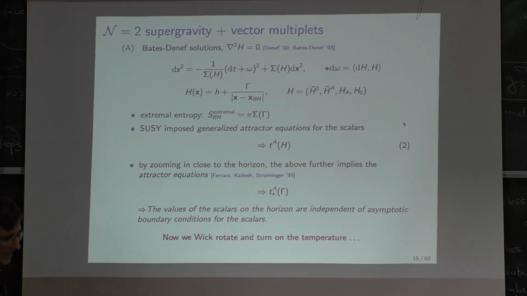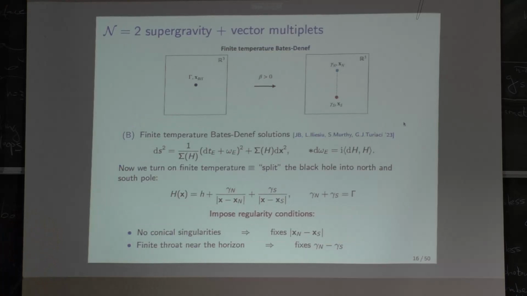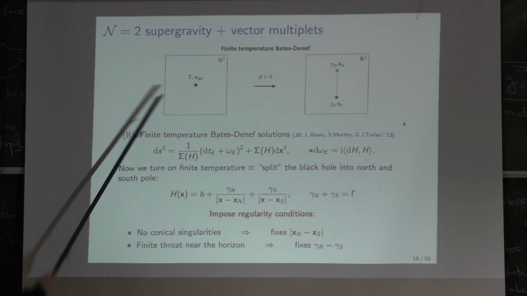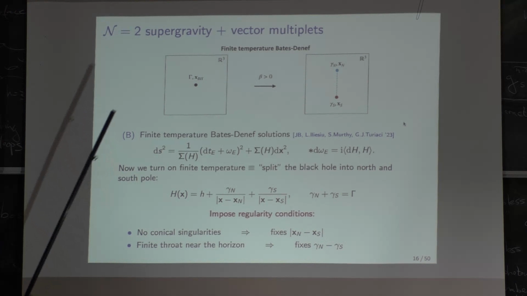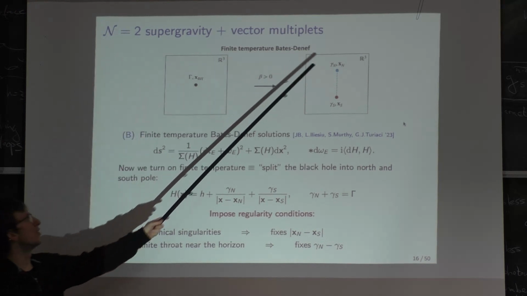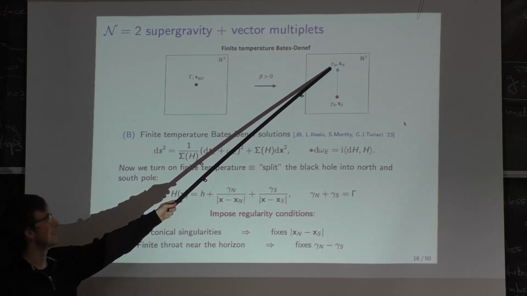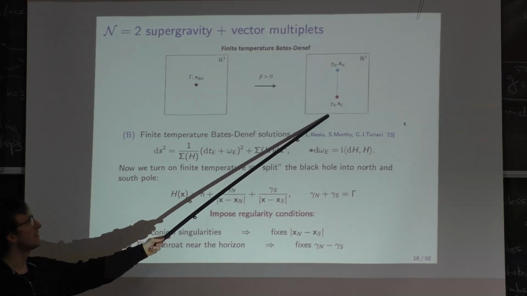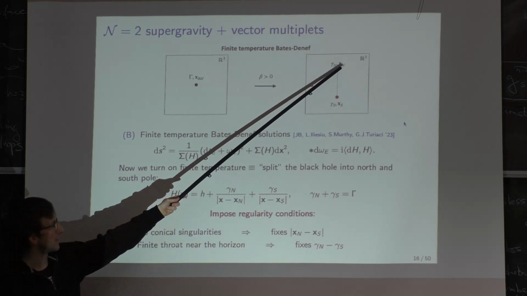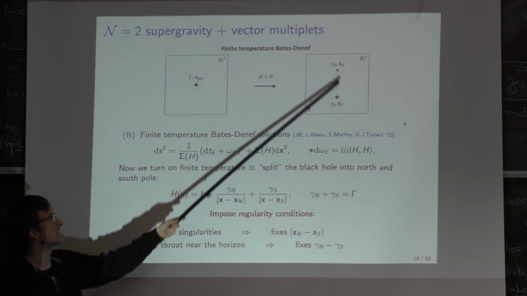So now we take these solutions, we derotate, and we follow our single picture. The single black hole, which had second order poles, we split into two simple poles, which will now have charges, little gamma north and little gamma south, and correspondingly the positions x north and x south.